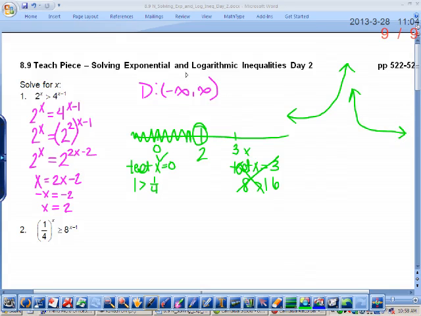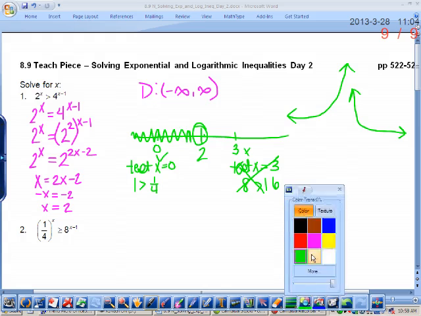So while you should test both sides, because with other types of functions it's not always going to be the case, you can take some comfort in knowing that in exponential functions and then also in log functions, because we saw the graphs yesterday, we know once they cross, that's it. In one part of the graph it's above, in one part of the graph it's below. Okay? So you just want to pay attention to the graphs so that you know you're only going to have shading on one side.